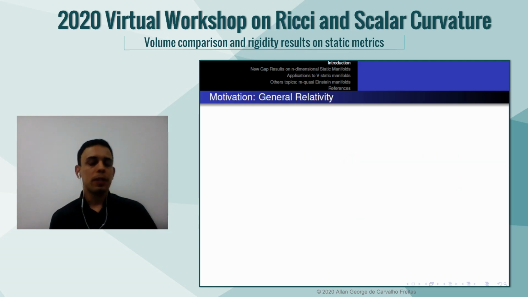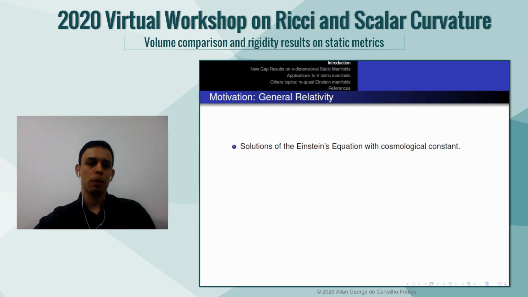The main motivation to study static manifolds relies on general relativity, because when I study solutions of the Einstein equations that are static in a sense, we can solve the Einstein equation using a static potential.